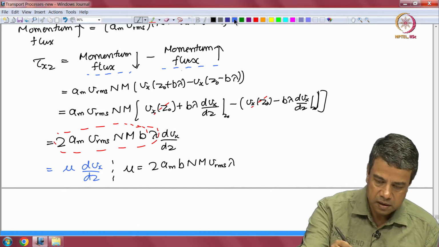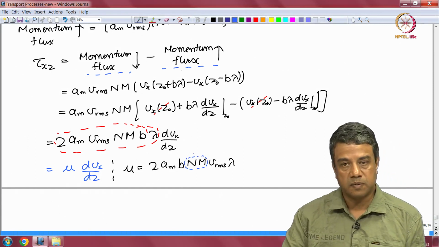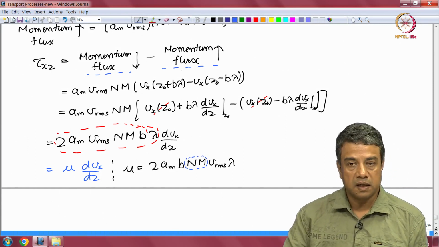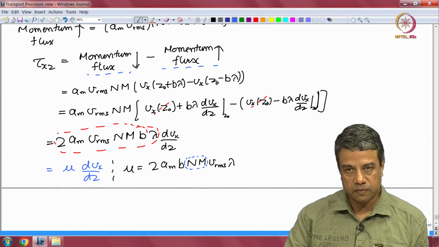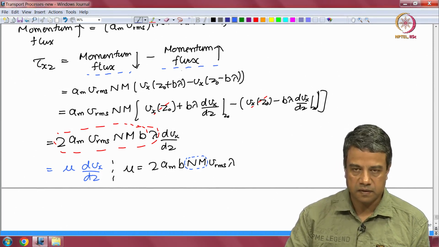This product, number of molecules times the mass of a molecule, where n is the number of molecules per unit volume and m is the mass of a molecule, is just the density of the gas.